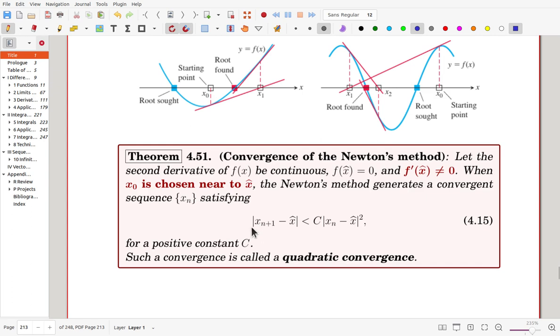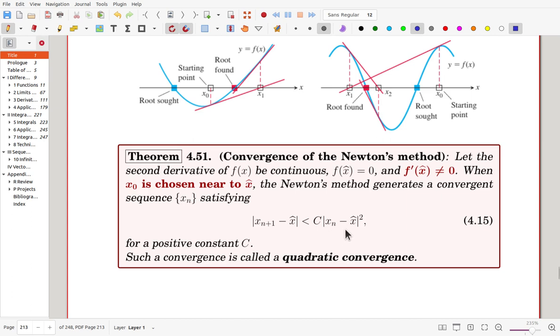That's the error for xn plus 1, the difference between the new iterate and the root, and that is the difference between the old iterate and the root. We call it error. The error at the next level is bounded by the error at the previous level squared.